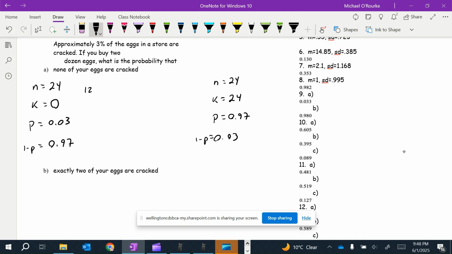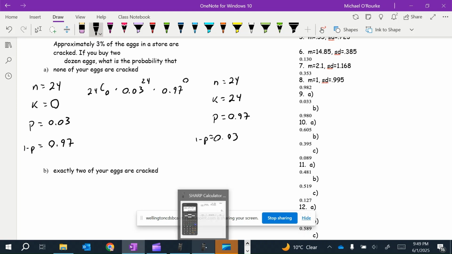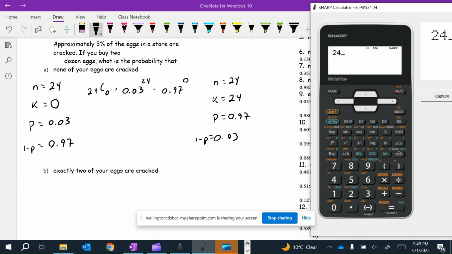So it's going to be 24C0 times 0.03 to the 24 times 0.97 to the 0. Now we don't need to go 0.97 to the power of 0. No, that's a 1.